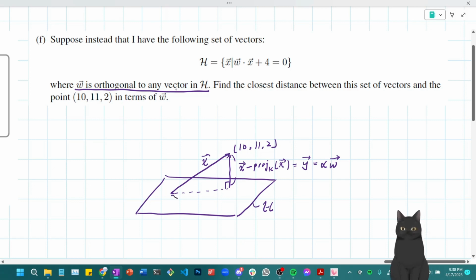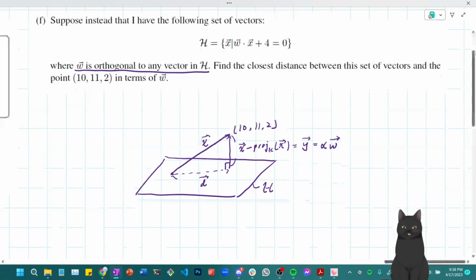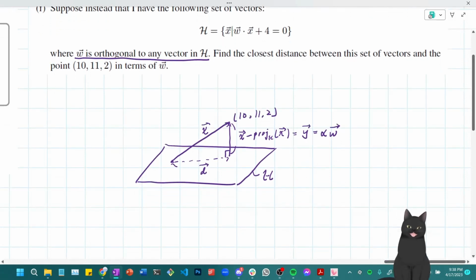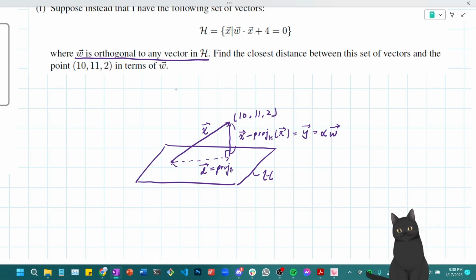So let me call the vector at the bottom D, which would be the projection of x onto H. And I'm calling it D so that it's easier to reference later.